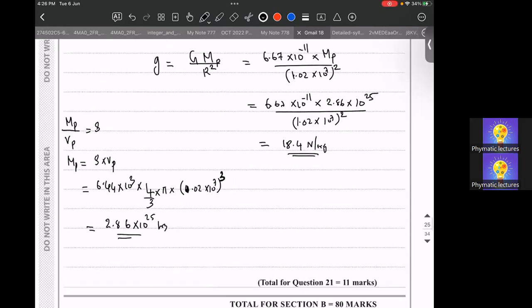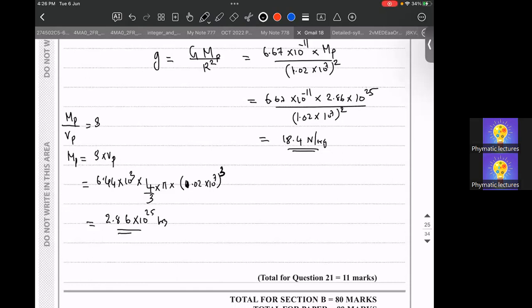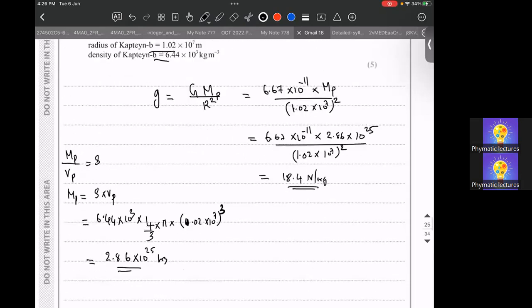Now we need to find the ratio of gravitational field strength at the planet divided by that on the Earth. That is 18.4 divided by 9.81, the gravitational field strength on the surface of the Earth. If we divide, we get only 1.87. So what is the conclusion?